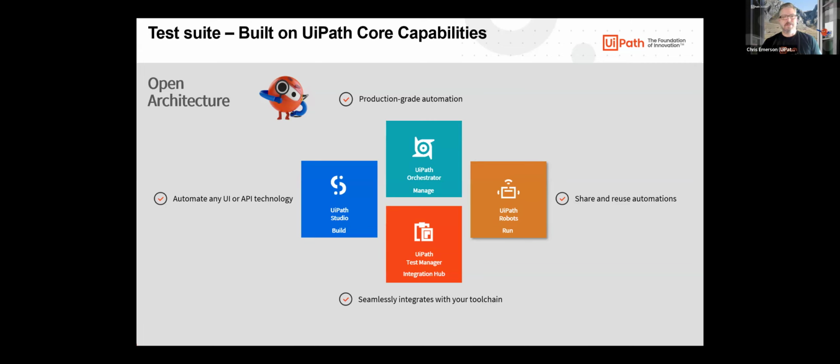The Orchestrator is the component that's going to help us manage all of the automations and all the robots that are then used to run those automations. So we've got those 4 pieces working for us.